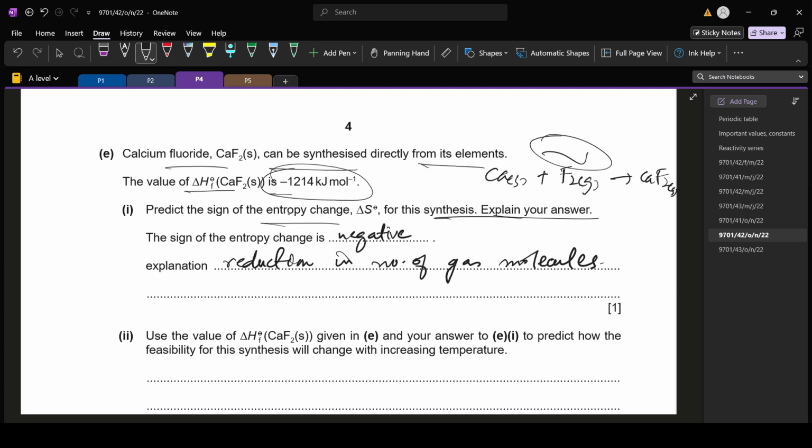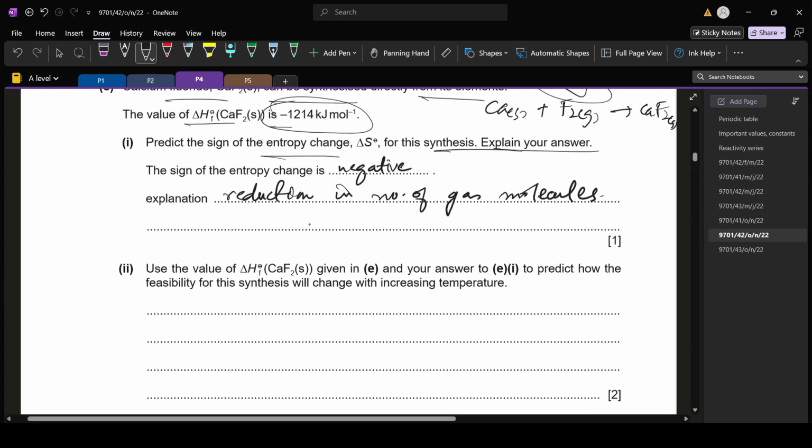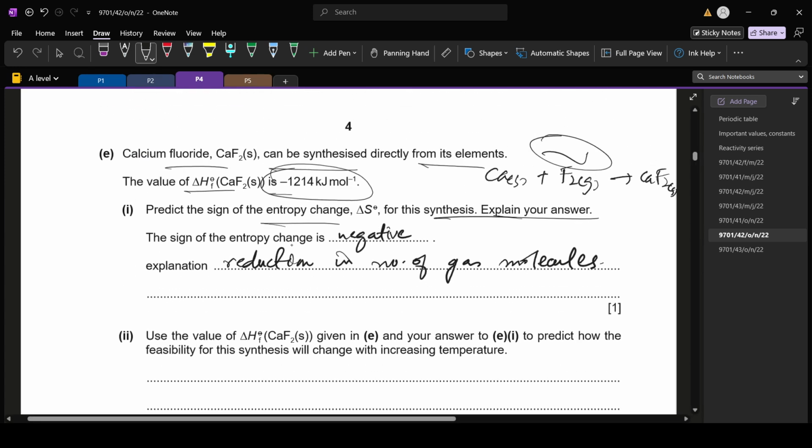And when entropy change becomes negative, it means that there is less disorder. So the sign of entropy change will be negative, because there is a reduction in number of moles of gaseous molecules. You can see that the solid is formed here and gaseous molecules are reduced.